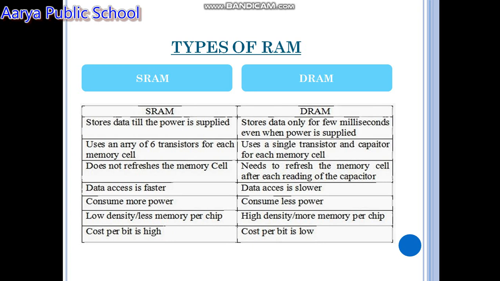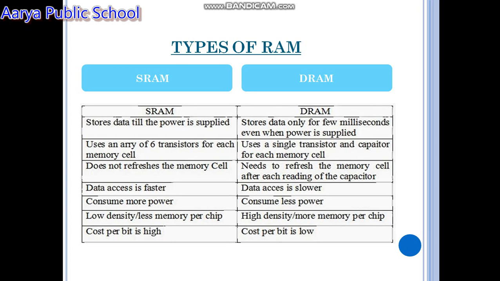Okay, first, what is the main difference between SRAM and DRAM? SRAM stores data as long as power is supplied. DRAM can store data only for a few milliseconds even when power is supplied.